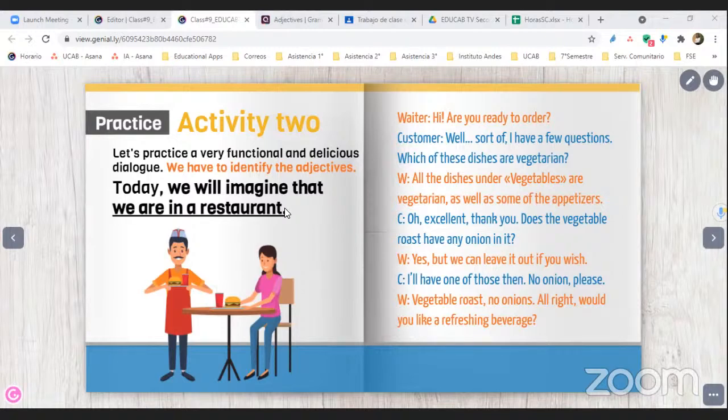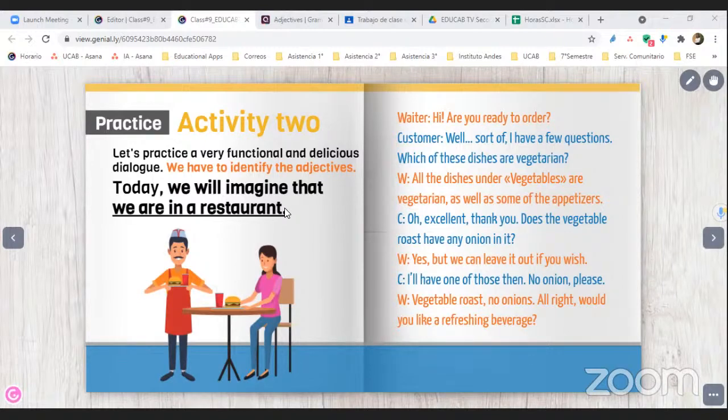Oh, excellent. Thank you. Does the vegetable roast have any onion in it? Yes, but we can leave it out if you wish. I'll have one of those then. No onion, please. Vegetable roast, no onions. All right, would you like a refreshing beverage?